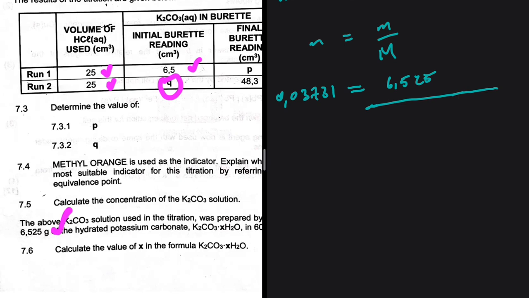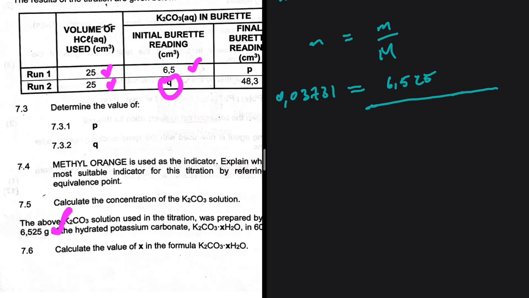So let me take my periodic table. K, where is K? Potassium 39, right? So I'm just going to put this in my calculator. 39 multiplied by 2, right? I'm putting K2CO3, and then I'm going to say plus X multiplied by the molar mass of H2O.